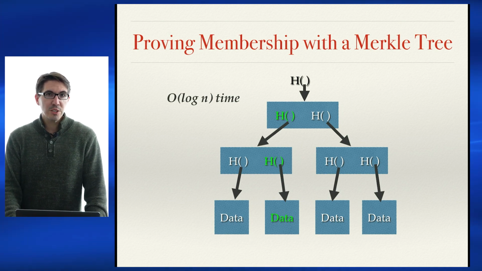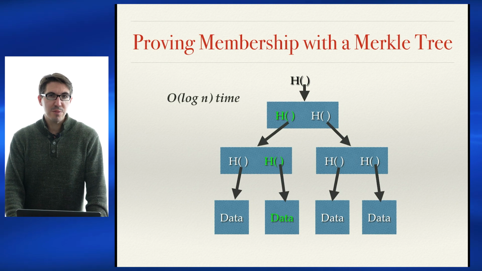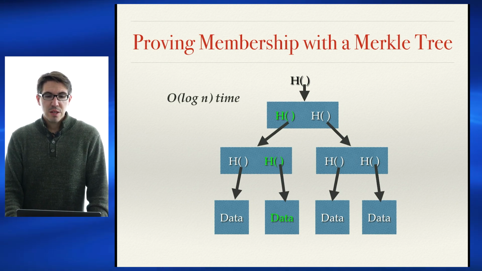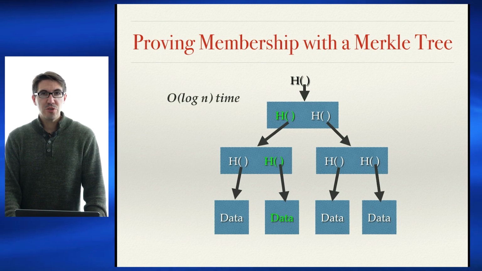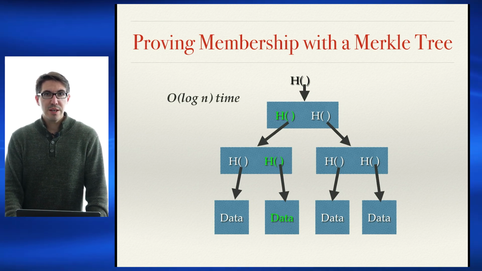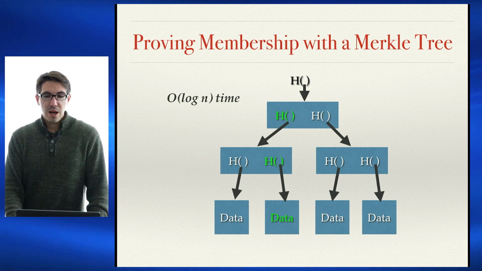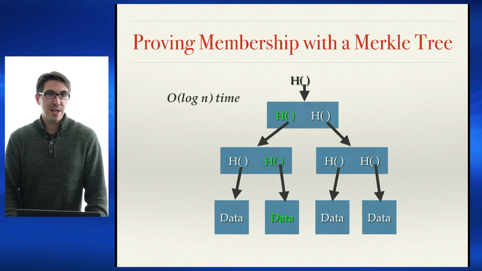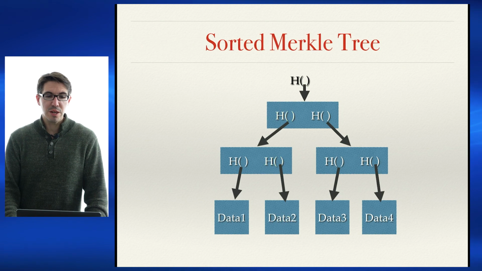So first, we can actually prove that a specific item is a member of a Merkle tree in log n time. So just like traversing a traditional binary search tree, where you can find something or determine if it doesn't exist in log n time, we can do that with a Merkle tree. So we can determine, for instance, if a transaction occurred or not in a particular block.